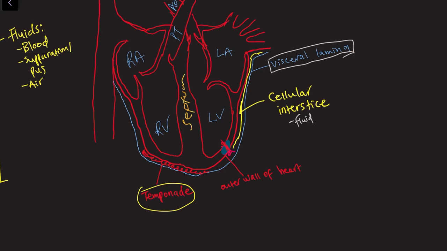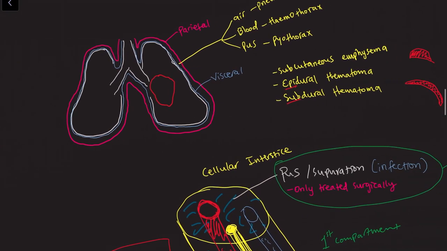When it ruptures, or there is a penetrating object, like a knife, for example, or in a motor vehicle accident, some sharp objects pierce the heart, then blood can flow out of the heart chambers into that space, forming tamponade around the heart, right? Look at this.